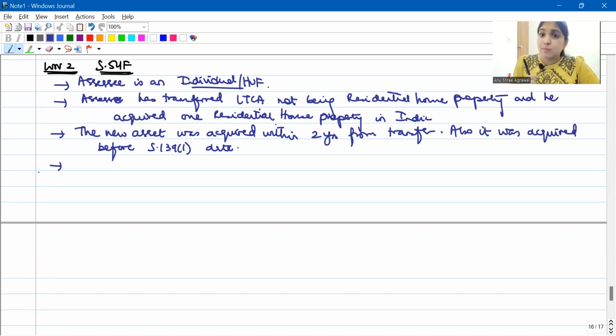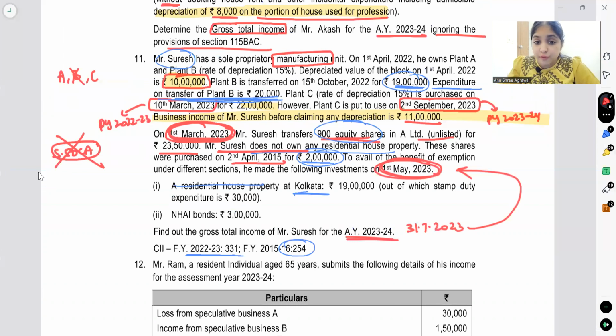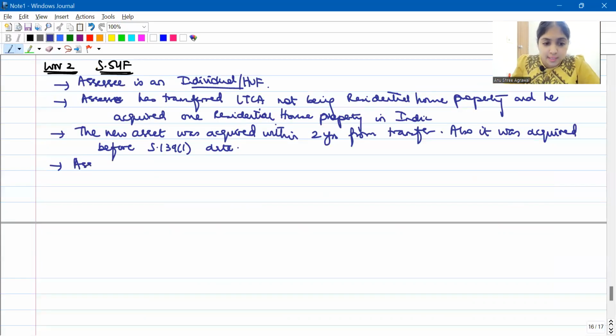And one more thing, if you remember in Section 54F, there are some more conditions. For example, my assessee should not be owning any other property apart from the new property which he is purchasing. And even that condition is fulfilled. The question says over here, Suresh does not own any residential property. So, assessee does not own any other residential house property.